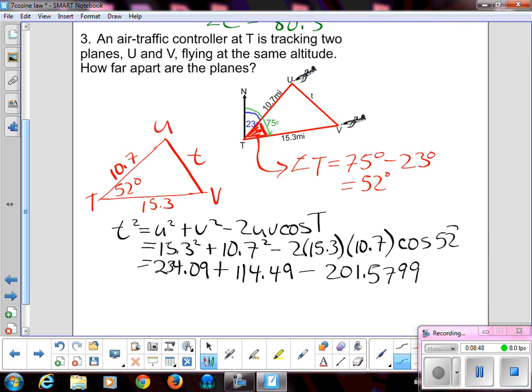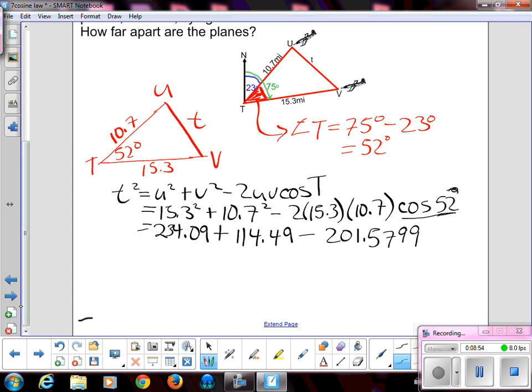That makes sense because remember 52 degrees, the ratio of that's going to be positive. We know that from our obtuse lesson. Now when we add and subtract all of those together, we end up with 147.000. And finally, we know if we take the square root of that, we end up with 12.1 miles.